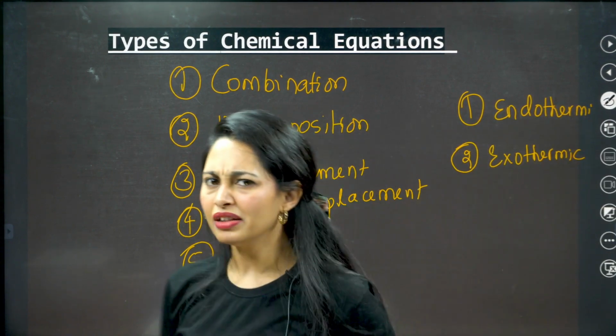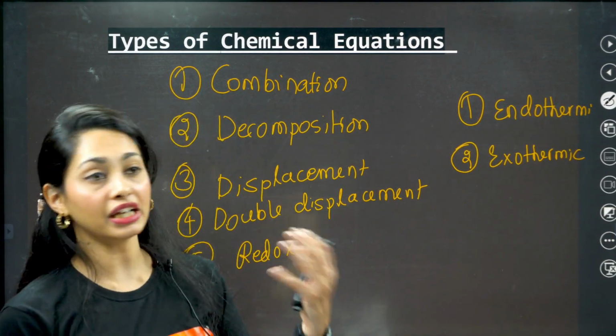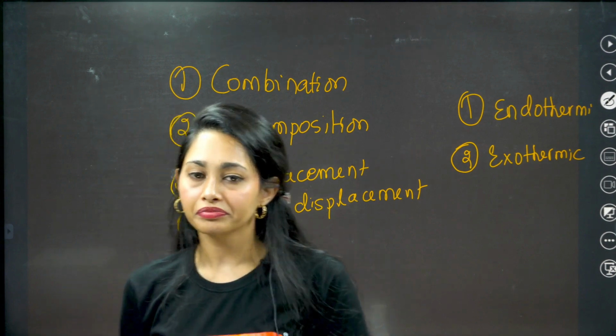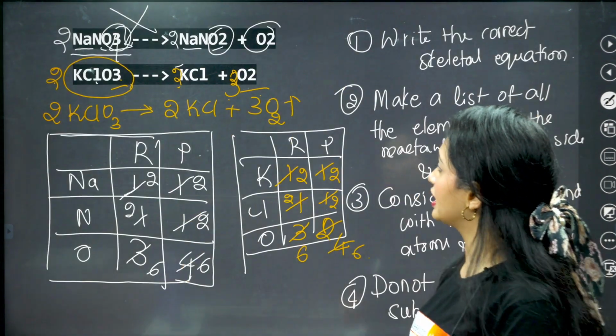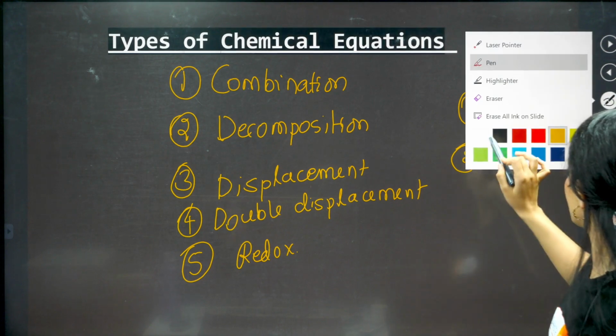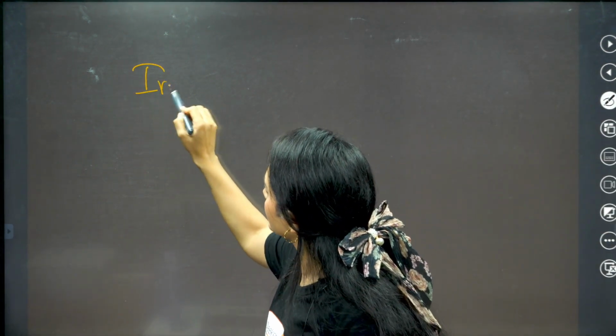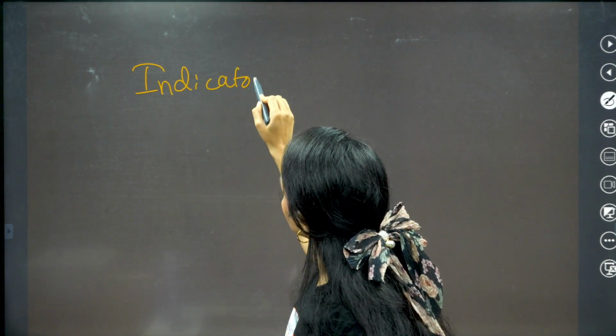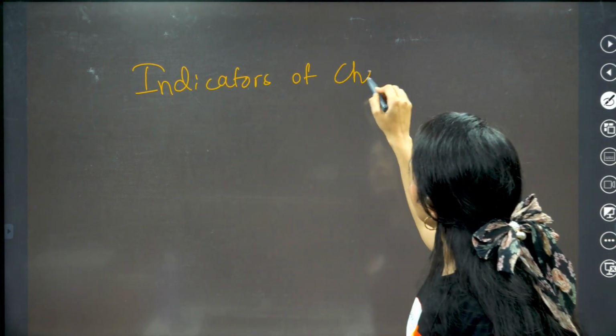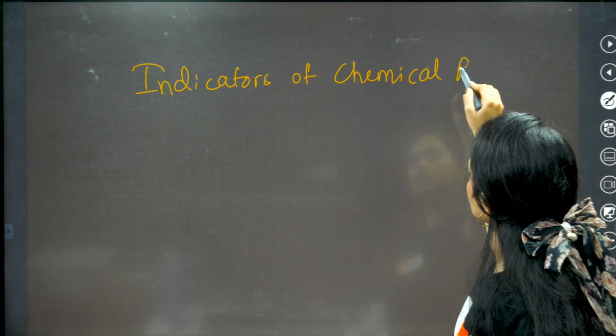And what are the indicators of a chemical reaction that's happening? Indicators of chemical reactions.